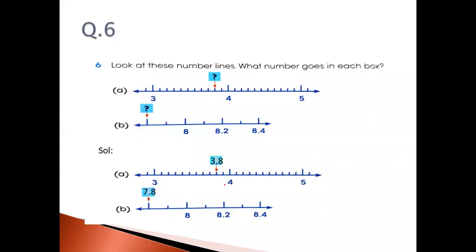But I am selecting 4, because this is another way to find the number, so I'm going to choose backward counting. I have chosen 4. Before that there should be 3.9, and before that there should be 3.8. That's why I have written 3.8 here. It's up to you which number you select. If you select 3, then count forward to reach the missing number box, count the number of lines and write the number in the box.